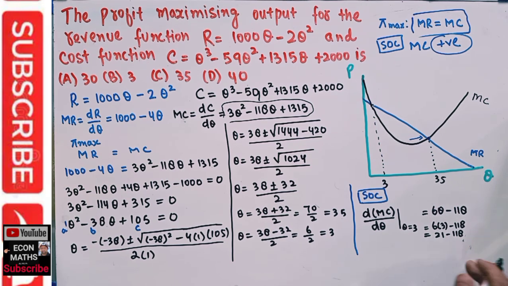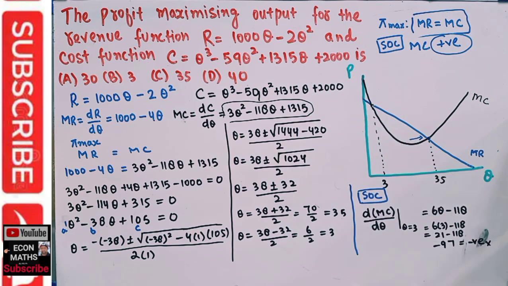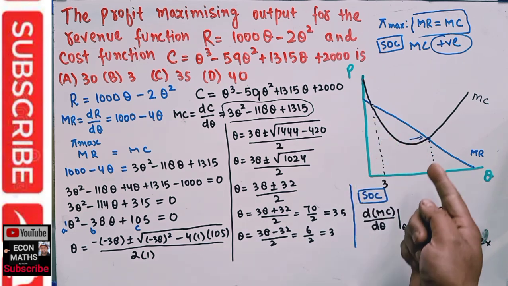The slope is negative here, because we have 18 minus 118, which comes out to be minus 100. So the slope of marginal cost when it intersects the marginal revenue function at this point is negative, so this cannot be the profit maximizing output.